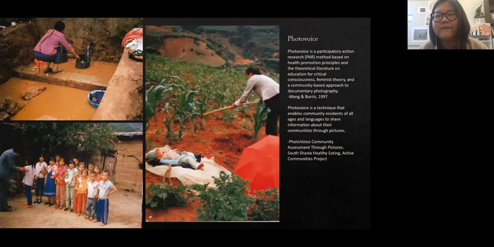Okay, the last one is Photovoice. This is, I would say, even more unfamiliar, probably to many of you. This is also a sociological method, and it's participatory action research. Rather than us taking the pictures, like the interviewer taking a picture of the interviewee, you give the cameras to the community residents and let them take pictures of their daily life.